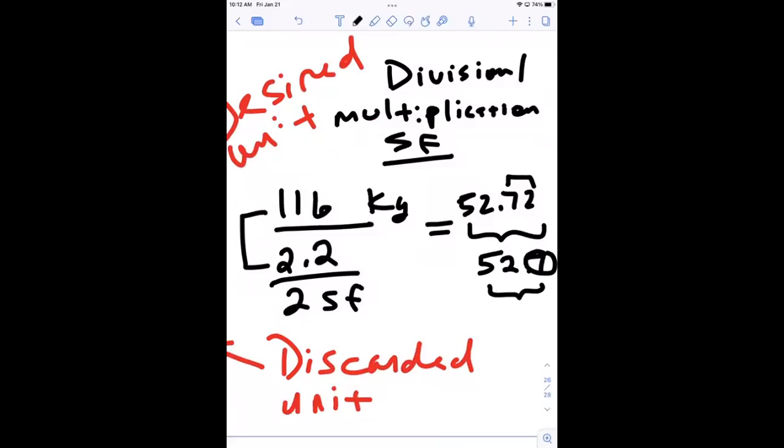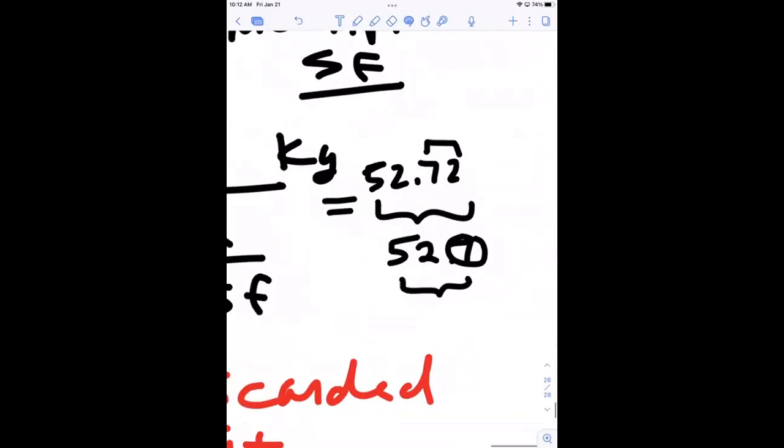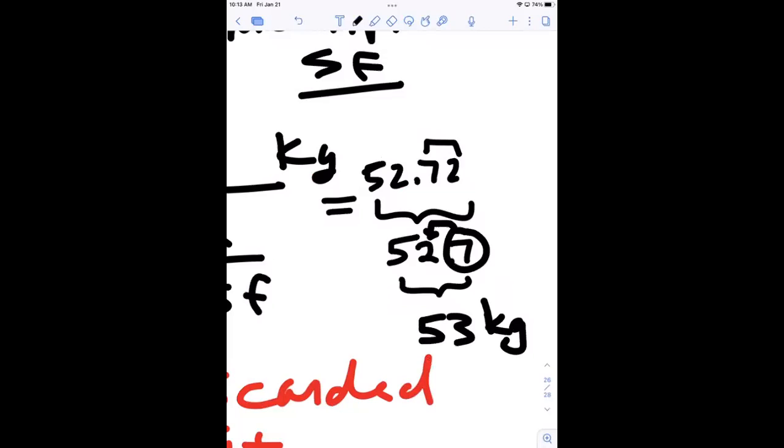Let me zoom out. Anytime the number that follows another number is 5 or greater, we round up. Less than 5, we round down. So here, this number is going to cause us to round this number up. So the answer with the correct number of sig figs is 53 kilograms.